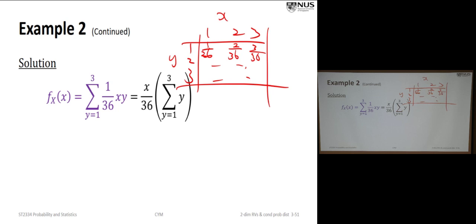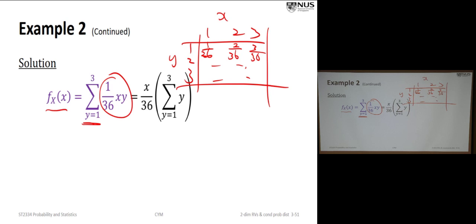All right, so you have to get used to how to do it mathematically. So, remember this is to sum the joint PDF, the joint probability function, with fixed x and sum over y. Sum all possible y values. And here, in this case, only 1, 2, 3. Now here you have to pay attention.